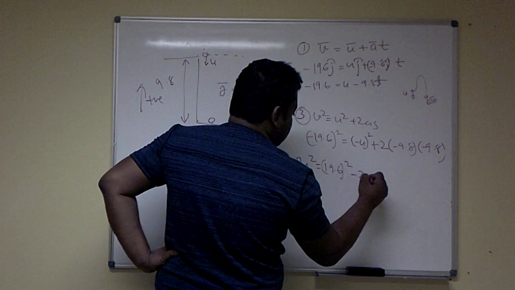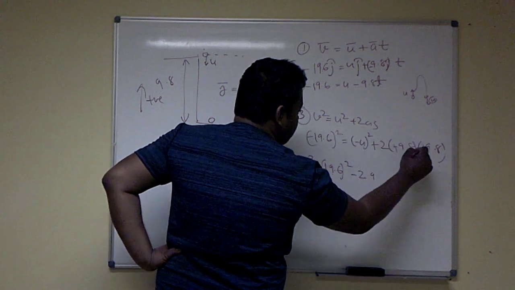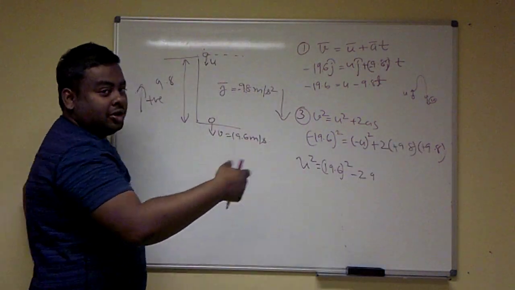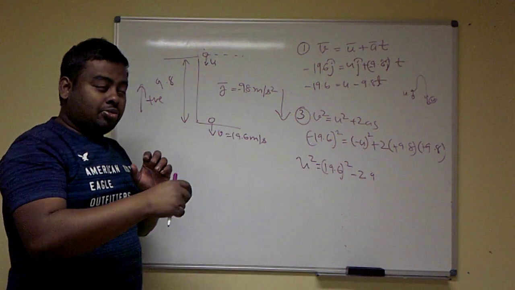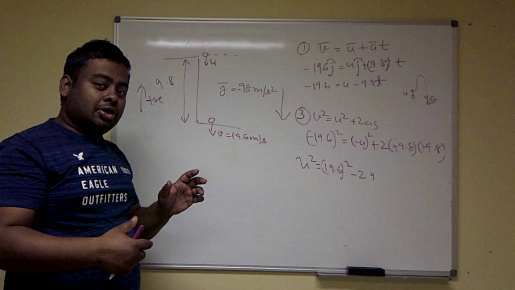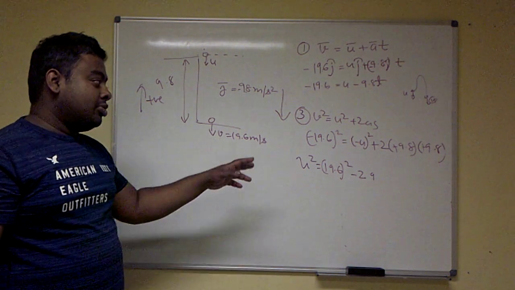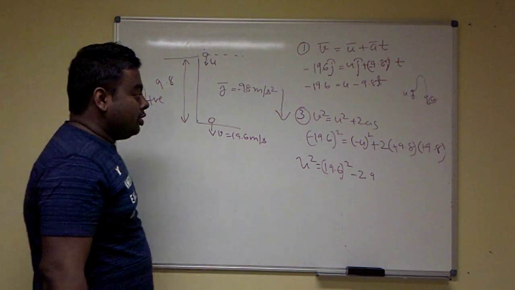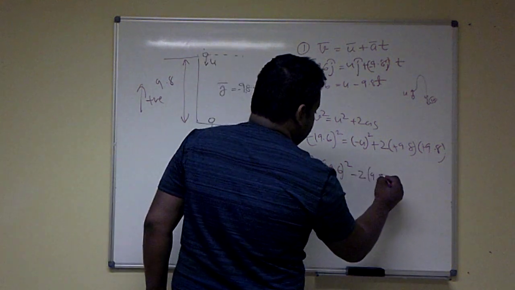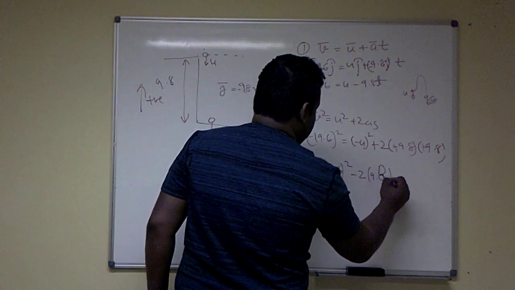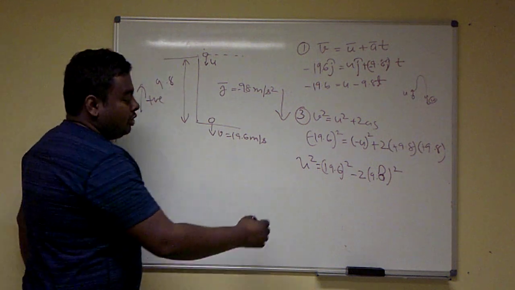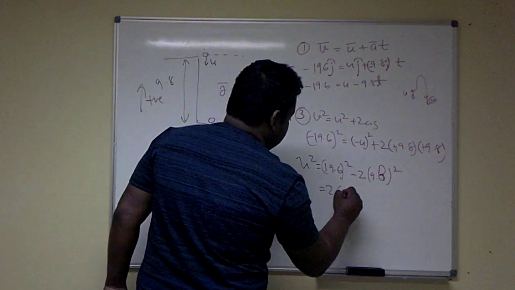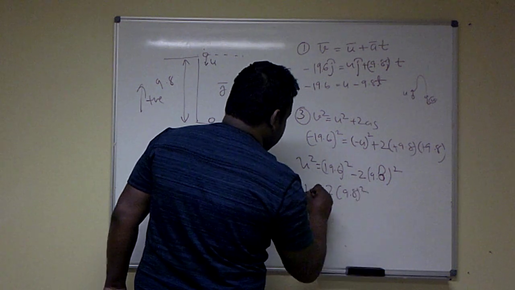minus 2 times, because these things will become positive. When negative and negative values multiply with one another, if there are an even number of terms, then you'll have a positive number. So we'll write this as 2 times 9.8 whole square is u square.